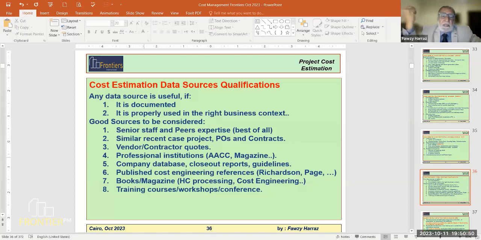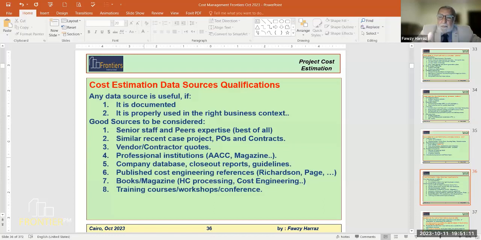To clarify this, if the quality of the information is rough or unreliable, then it's not good to use it in the definitive estimate. It's not up to that. So that's what we mean by the business context.